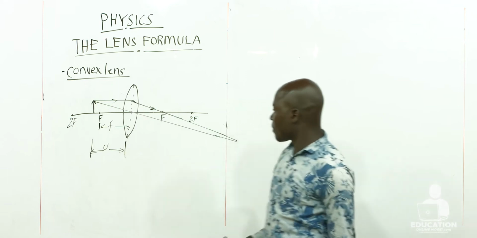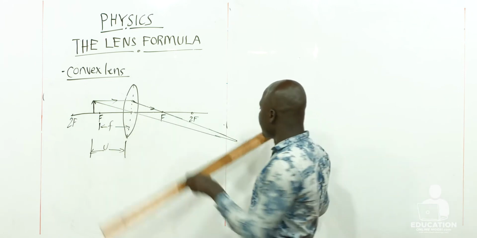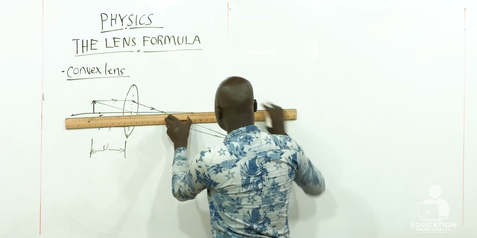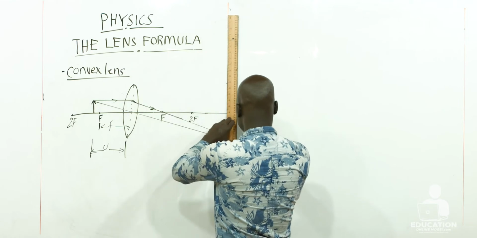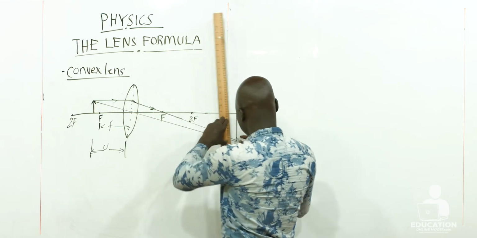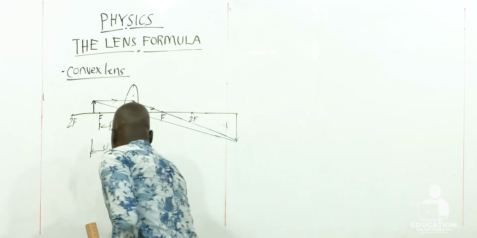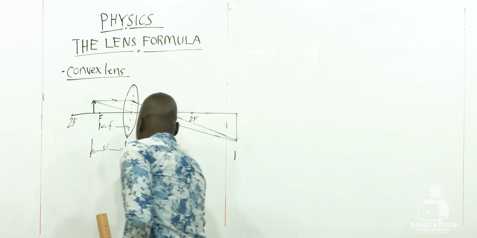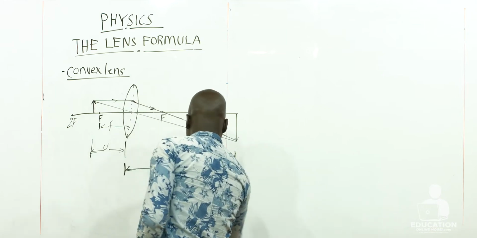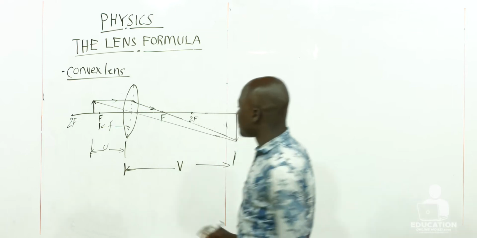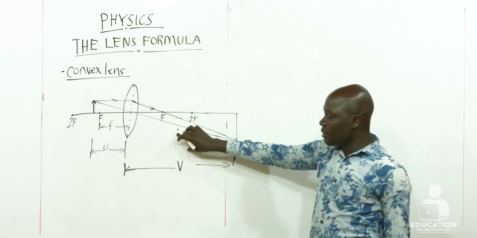Then also the distance between the optical center and the image, we take it to be v. So this distance from the optical center to the image is v, meaning it is the image distance. So it is from this point where we are going to get the lens formula.